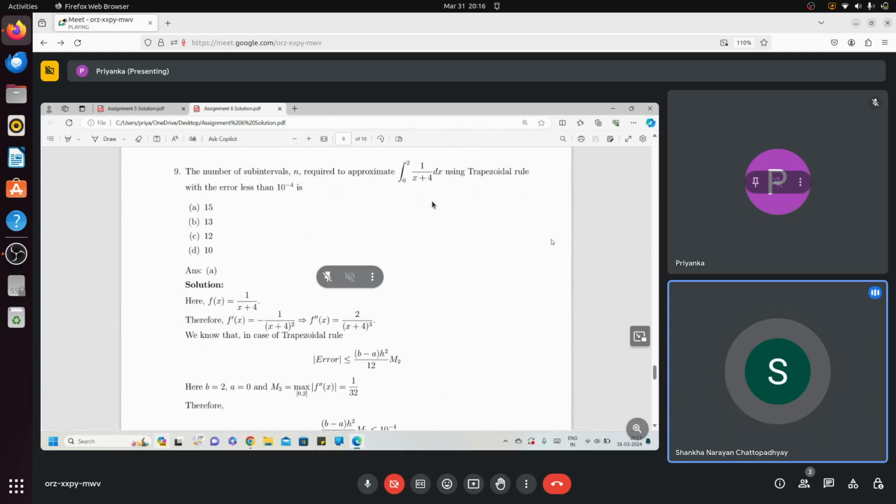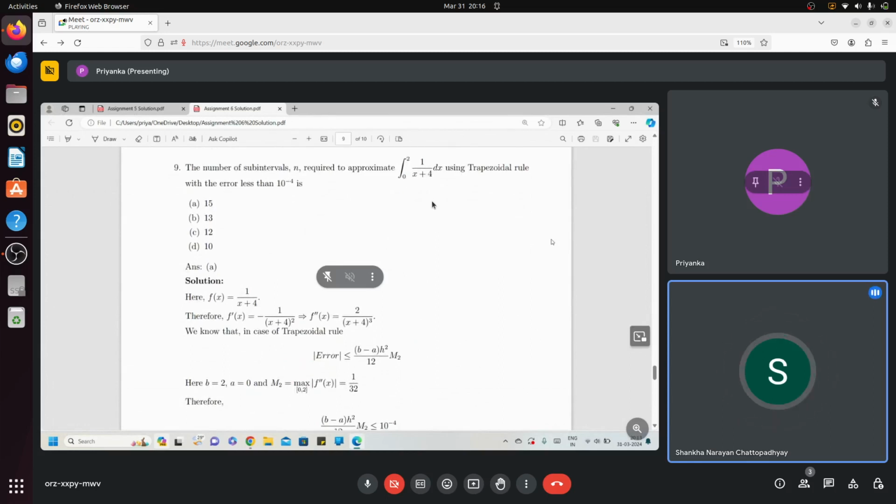Okay, now the trapezoidal rule. So here this question is good question. So how many subintervals you require so that the trapezoidal error, the error is less than 10 to the power minus 4.